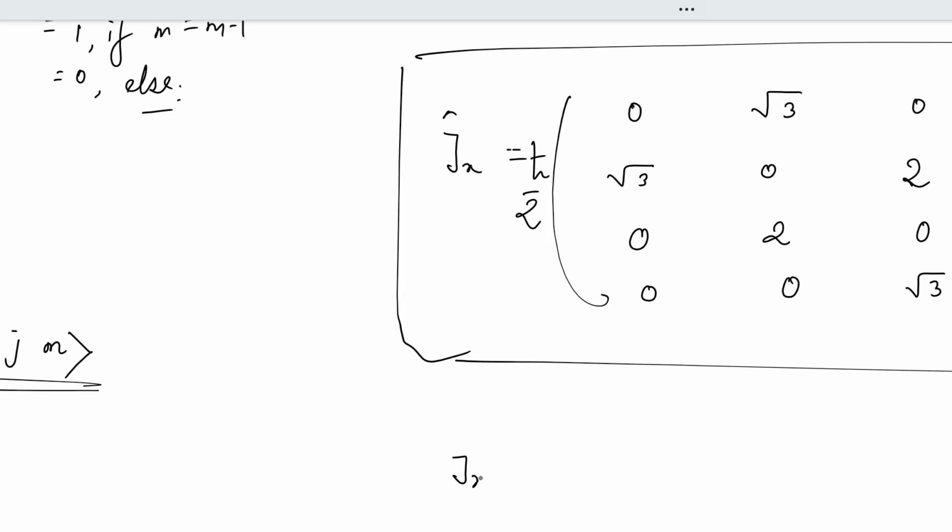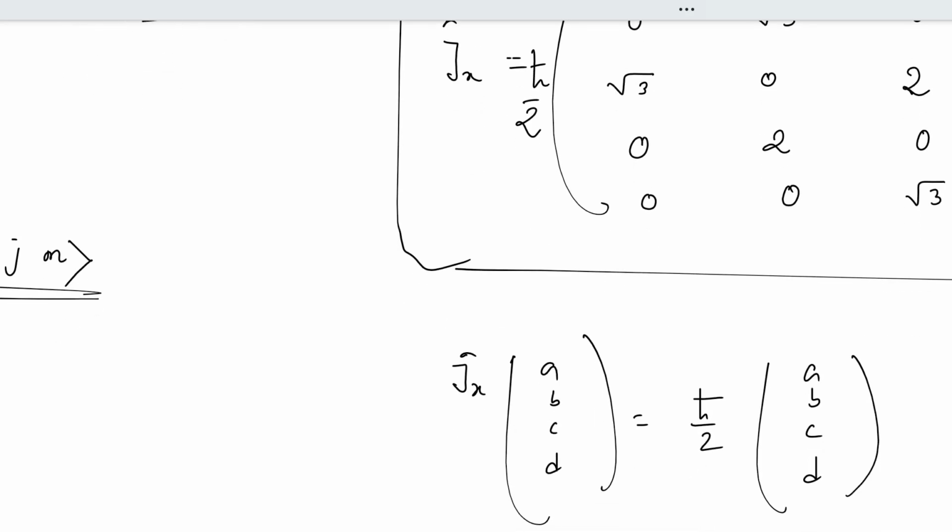Now you can easily form an eigenvalue equation: Jx times (a, b, c, d) is equal to the eigenvalue, which was mentioned in the question, plus h cut by 2, times (a, b, c, d).